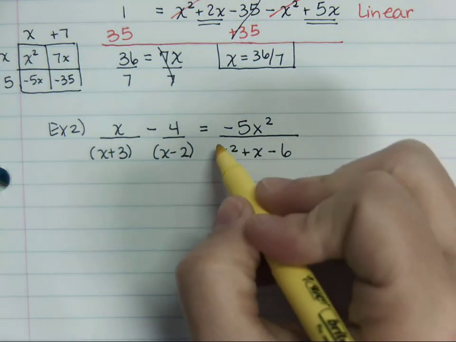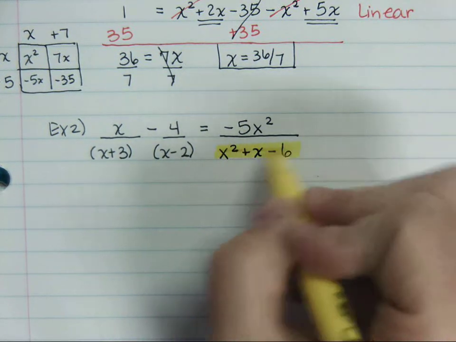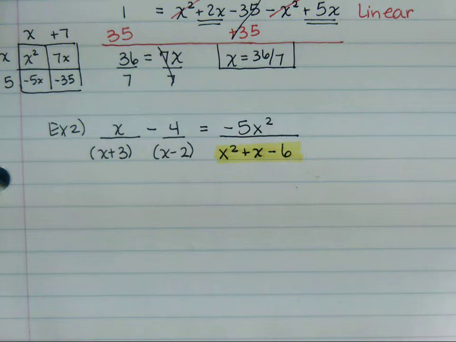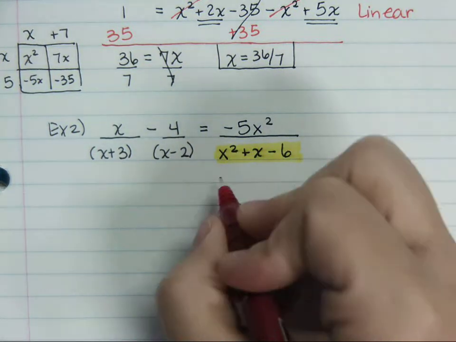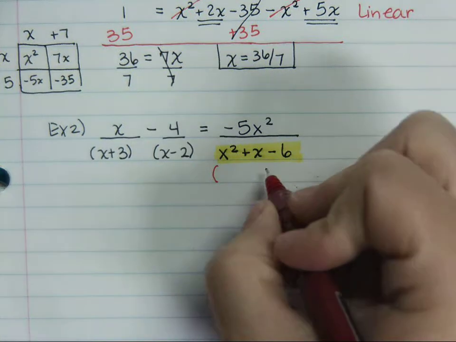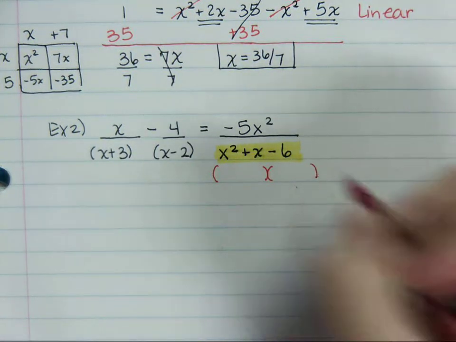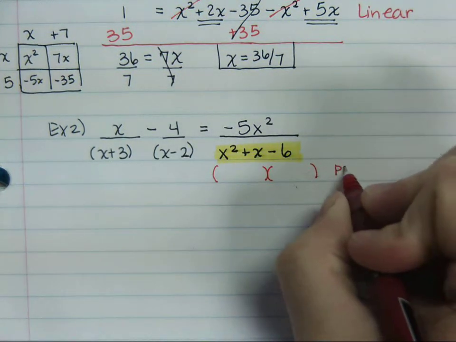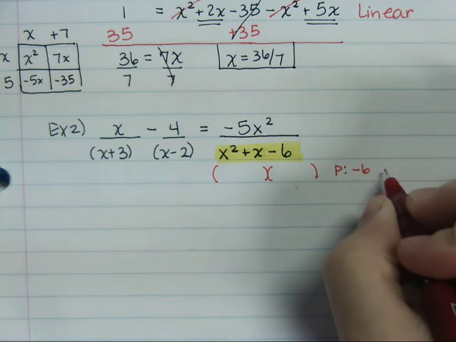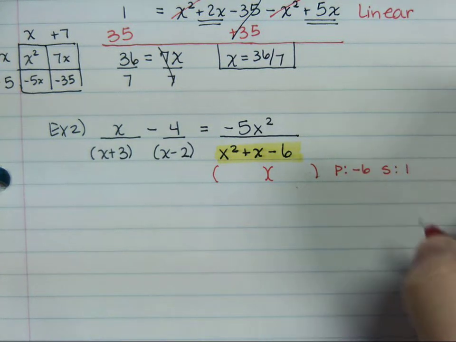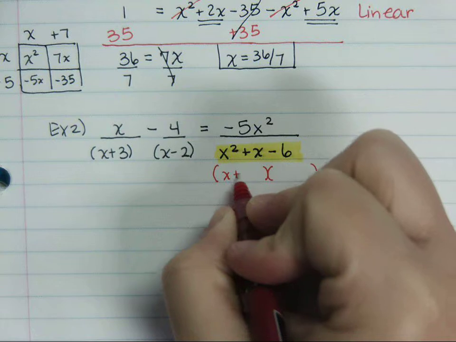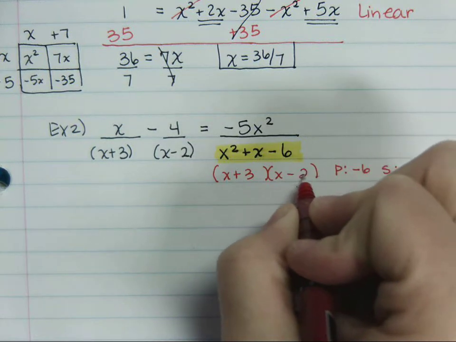So I need to just verify. I want to know if this trinomial is the product of these two. So I'm going to factor this. Again, I'm looking for the product of two numbers that give me a negative 6 and add up to be a positive 1, and plus 3 and minus 2 are going to do that.